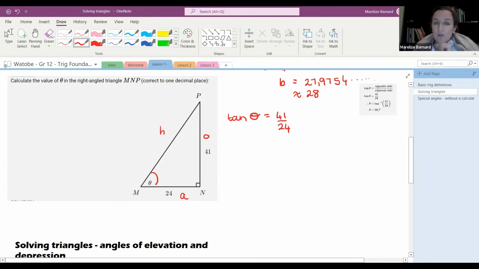Because we're solving for an angle, we're going to do what we did earlier in the lesson, shift tan 41 over 24. And that gives me theta is 59.7 degrees. Great stuff.